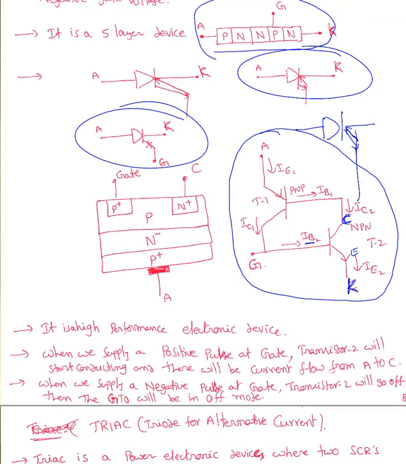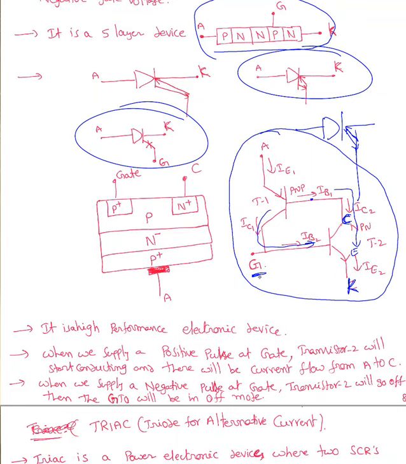Whenever I supply higher voltage at the anode, you have to have the base value. Here is the trigger gate. Whenever I trigger positive voltage, it will act like a closed switch. Whenever it acts like a closed switch, current is passing through this, and the IC1 current can pass through this too.